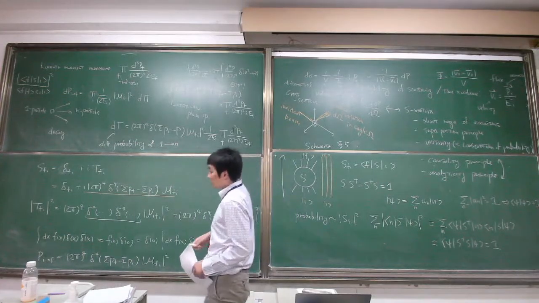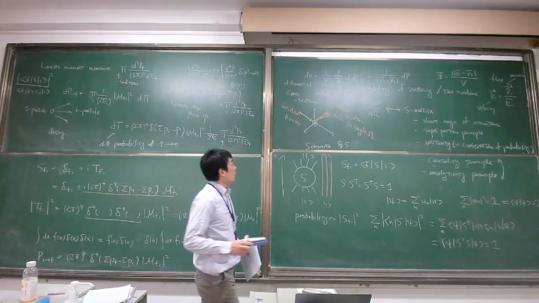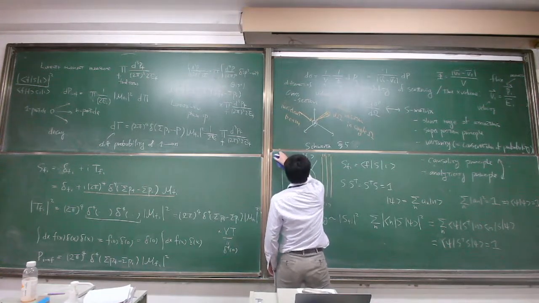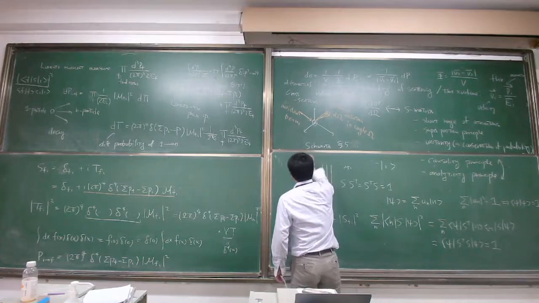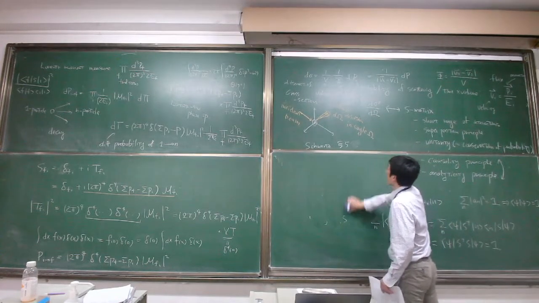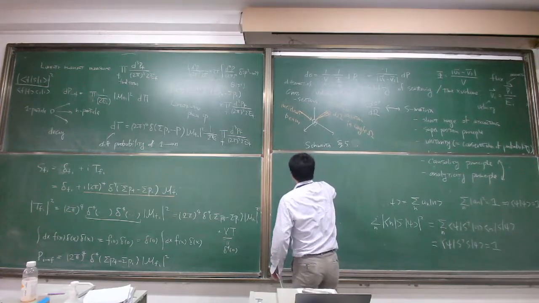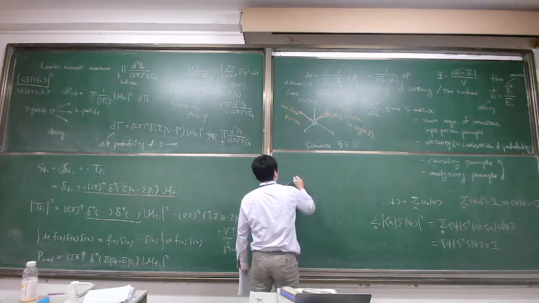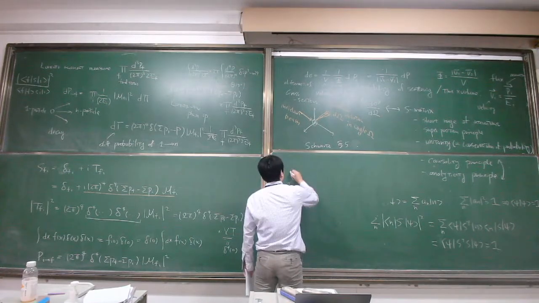Next we are interested in 2 to n. 2 to n means that there are two particles in the initial state.